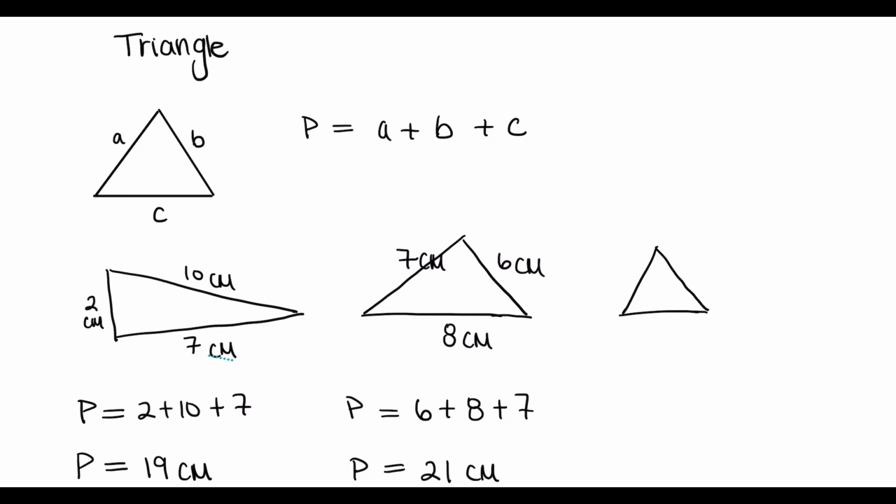And last but not least, let's say this is 3, 3, and 3 each centimeters. Then the perimeter is 3 plus 3 plus 3, which gives us 9 centimeters. So as you can see, all we did was add each side length together to find the perimeter of the triangle.